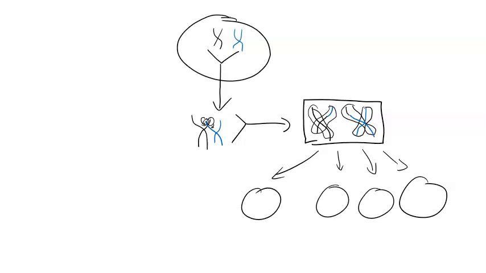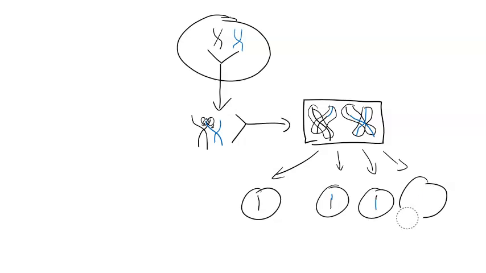They would look like a straight black chromosome, then one with a little bit of blue on it, then a blue one with a little bit of black on it, and then a straight blue chromosome. So that's crossing over. That's another way that variation can be introduced in meiosis. So we get genetically unique gametes from this.